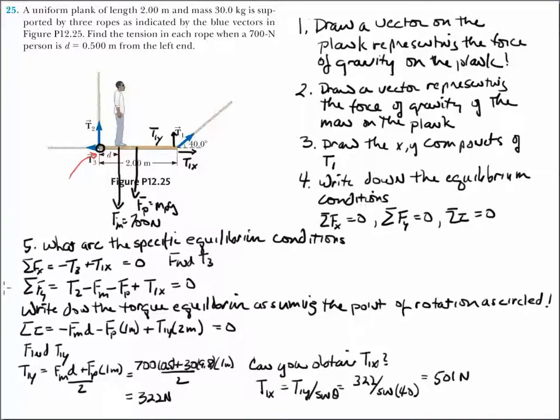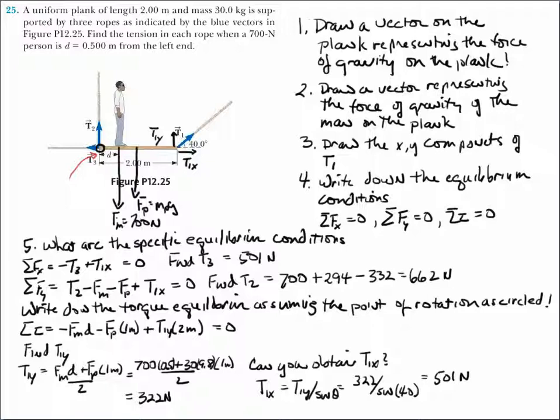Now find T3. And of course, that's just 501 newtons. The magnitude is 501 newtons. Of course, T3 acts in the opposite direction of T1x.